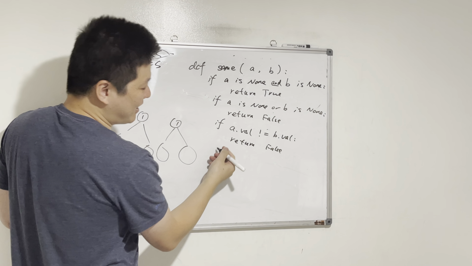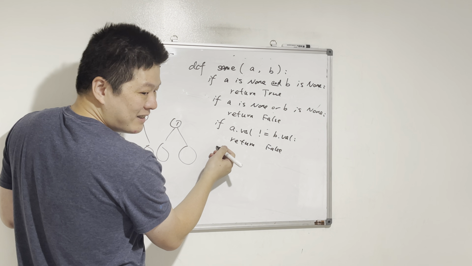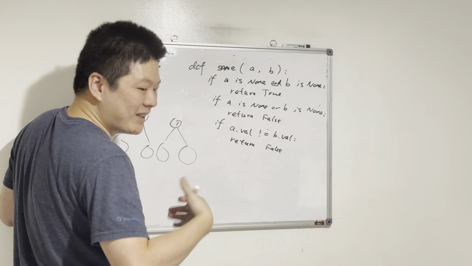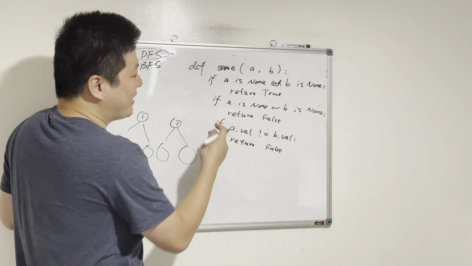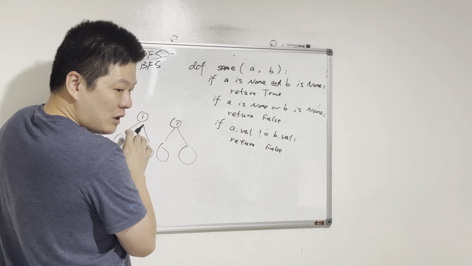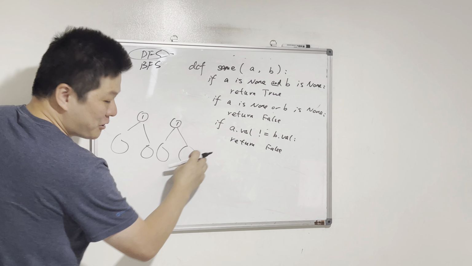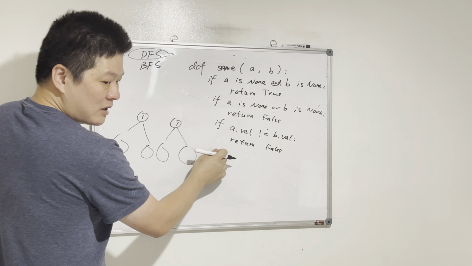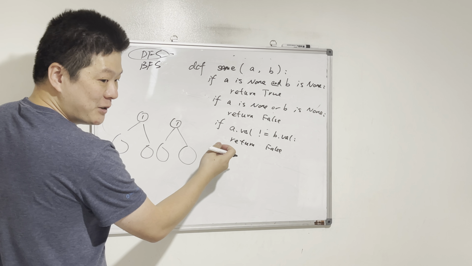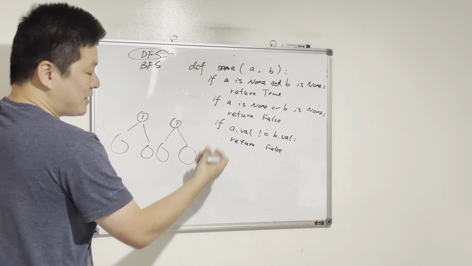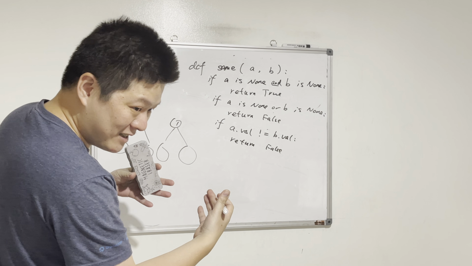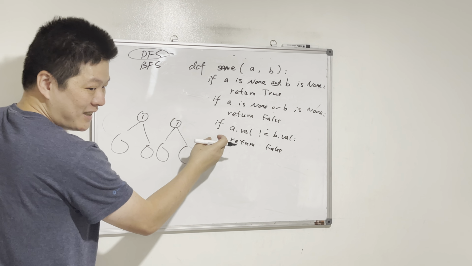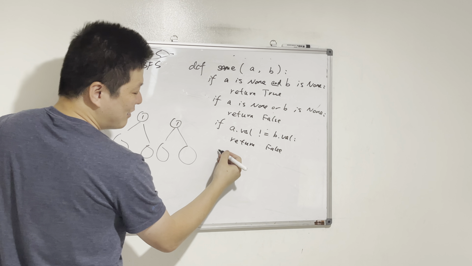And how can we check the left and right trees? Because the tree is recursively defined, we use recursion. We call this function to check the left and right. How can we write it?